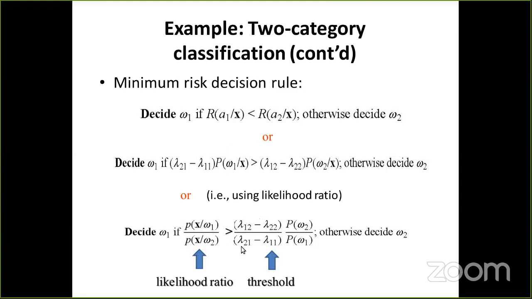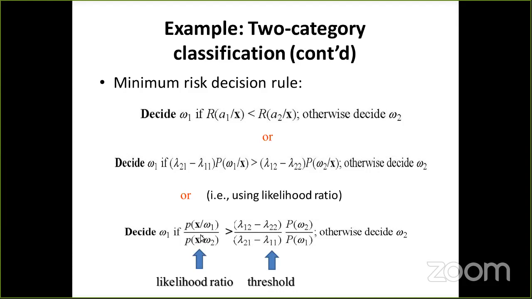This says that you decide your class to be omega 1 if this likelihood ratio is above a particular threshold. And what determines this threshold? In this threshold we have the probability terms p of omega 2 and p of omega 1, which are your priors, and the terms which come from your risk.